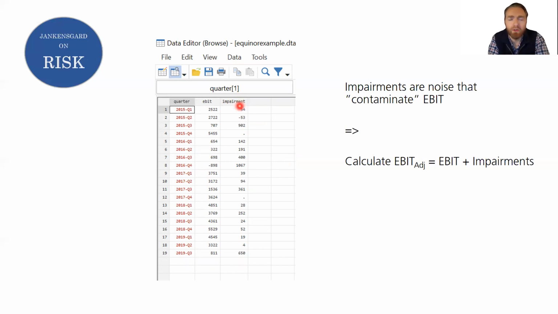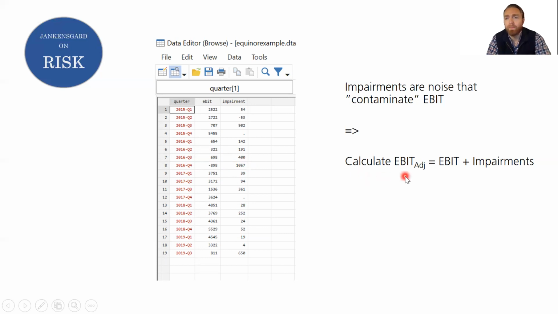Look here, this is historical data on impairments, and in the fourth quarter of 2016, there was a major impairment of some of the company's oil and gas assets, leading to a loss at the operating profit level in that quarter. But it was completely driven by this impairment, which is a one-off thing. You write down your assets. So they took that hit in that quarter, and this messes up the model essentially. This is noise from the point of view of the model.